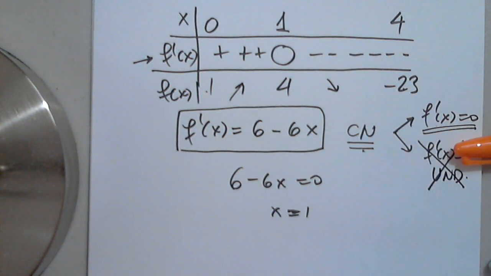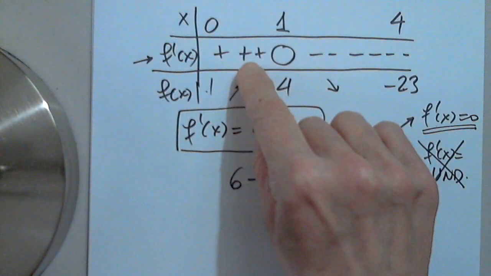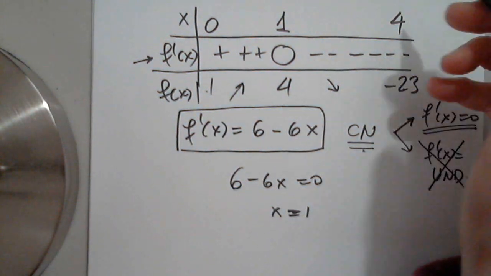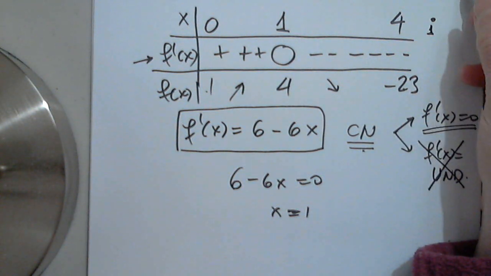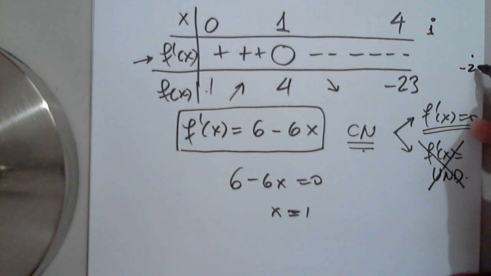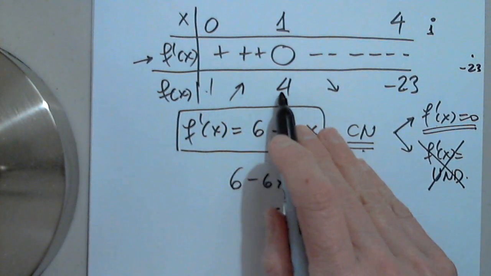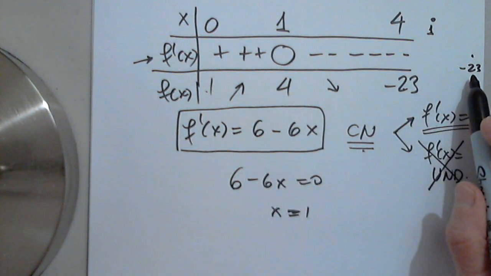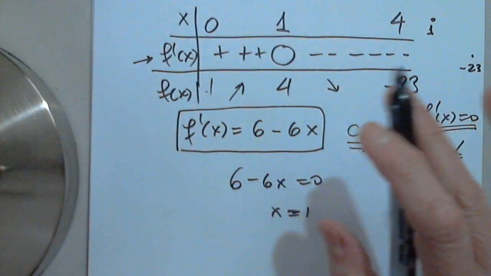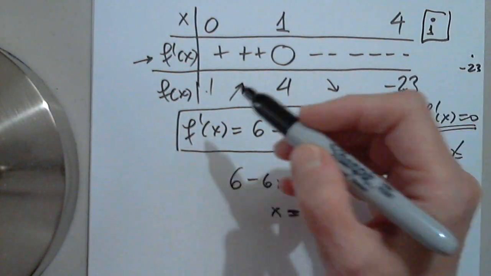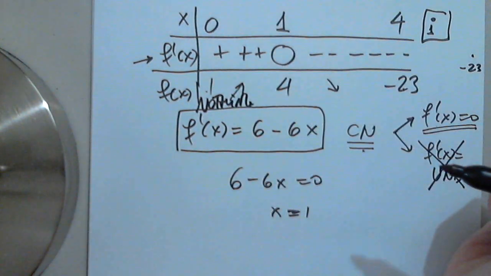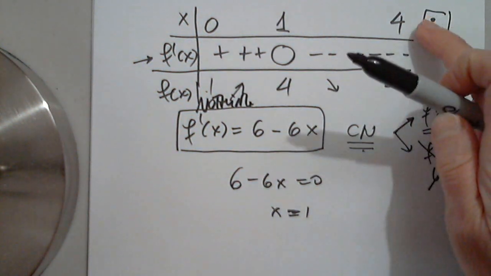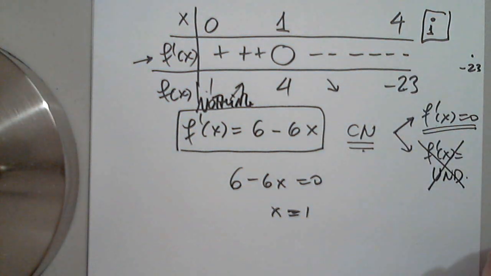And now I make my conclusions. I'm not graphing the function, but it goes from 1 up to 4 and then down to negative 23. So this is very clear that the point at 0, 1 is nothing, because at the end point of the interval, it cannot be a local.